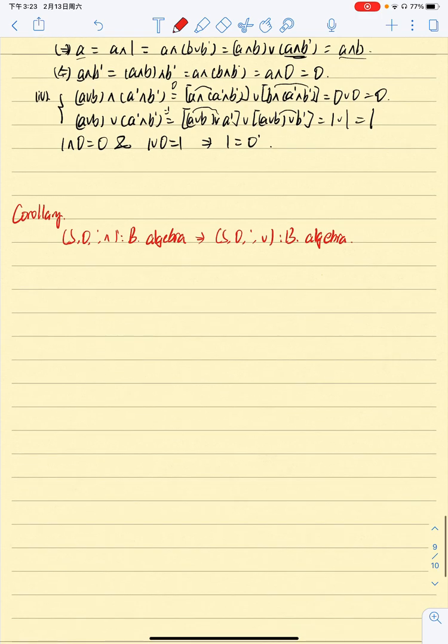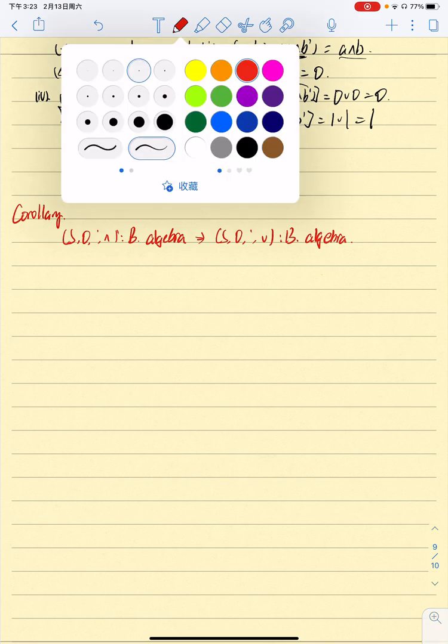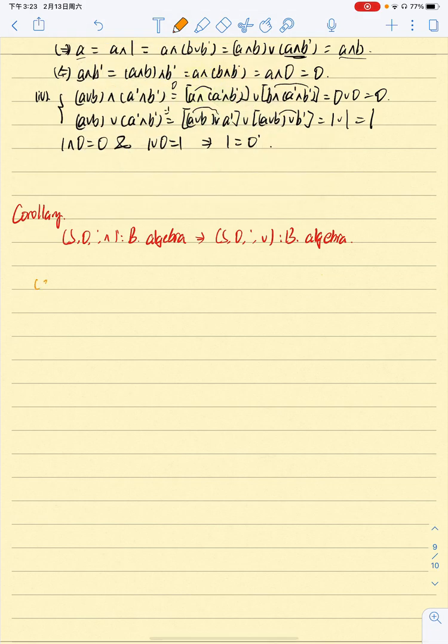Okay, and this is very easy to prove, and we call each of these to be dual of each other.